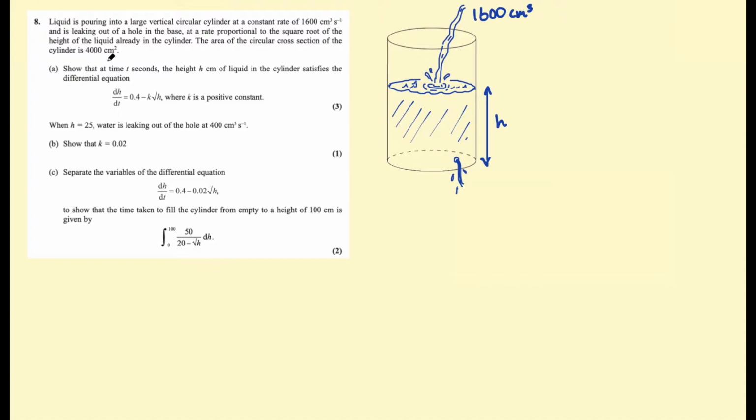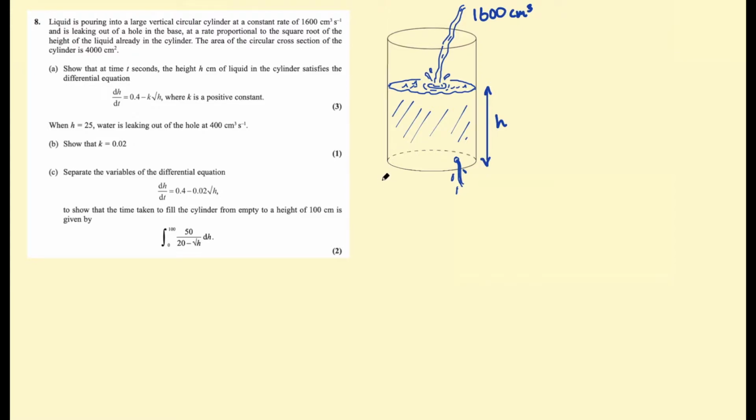Part A says show that at time t seconds, the height h of liquid in the cylinder satisfies the differential equation dh/dt = 0.4 - k root h, where k is a positive constant. Let's firstly recognize what this sentence means. The leak is at a rate proportional to the square root of the height of the liquid.